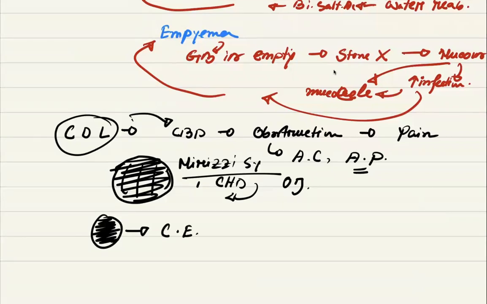Compression effect. And after some time, if there is compression, that means there will be some kind of ischemic necrosis to that area, and it can cause ulceration. If there is ulceration for a long period of time, it can cause what? Erosion and fistula formation.